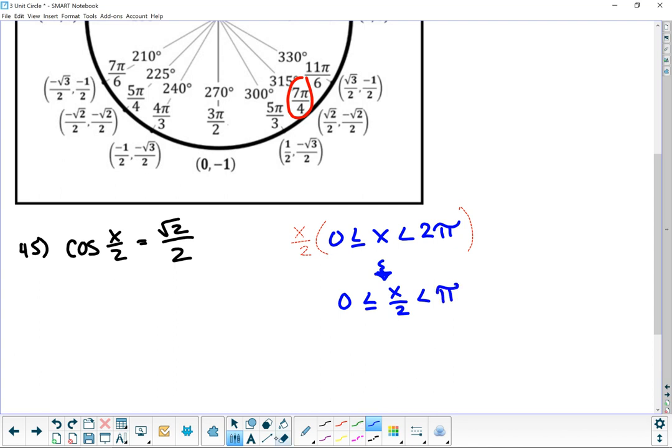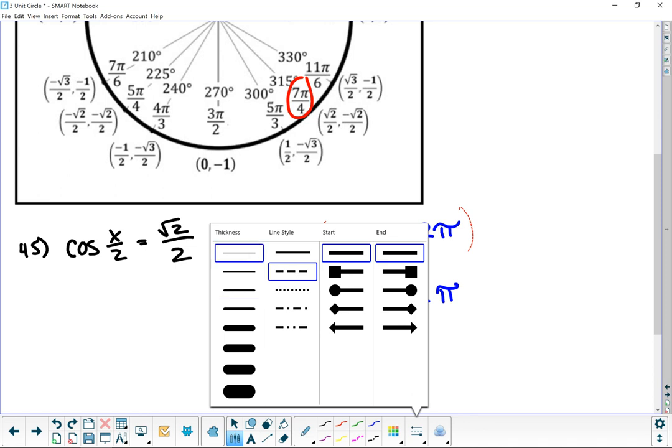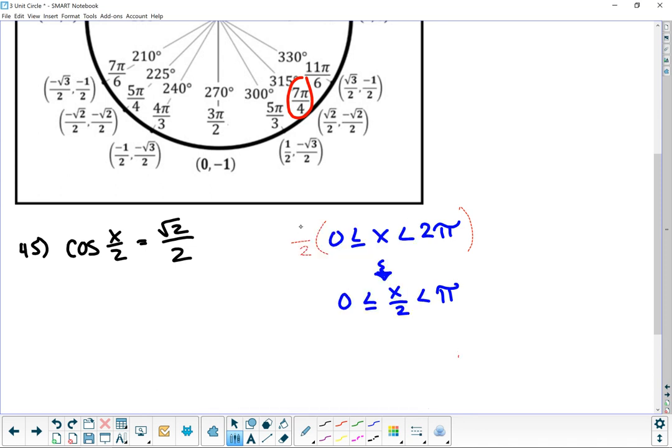Oh, and I am mistaken here. I don't want to multiply by x over 2. I just want to multiply by 1 over 2 to get it as x over 2. So this is actually my current domain that I need to look at.